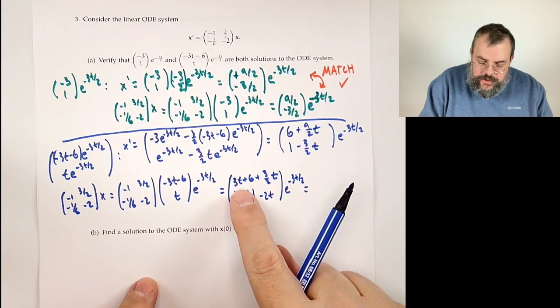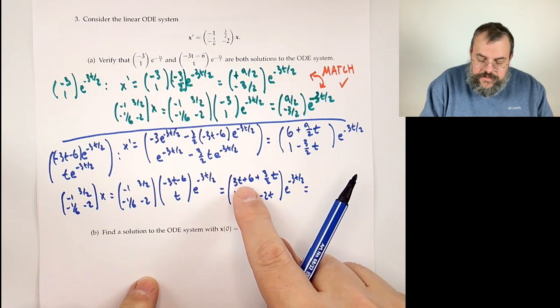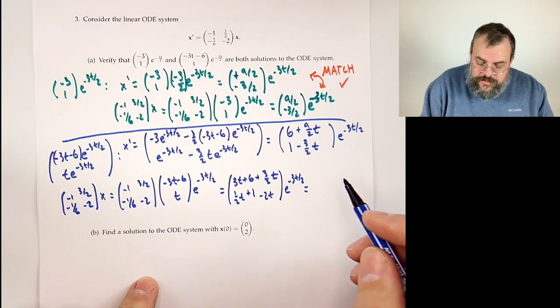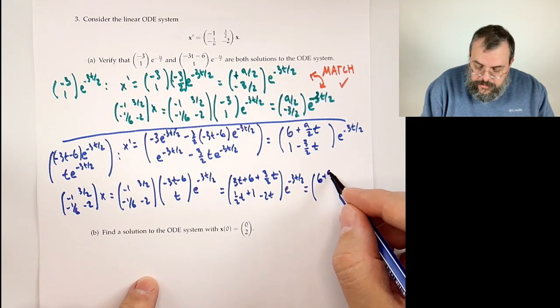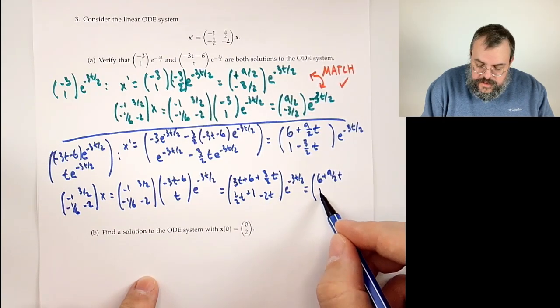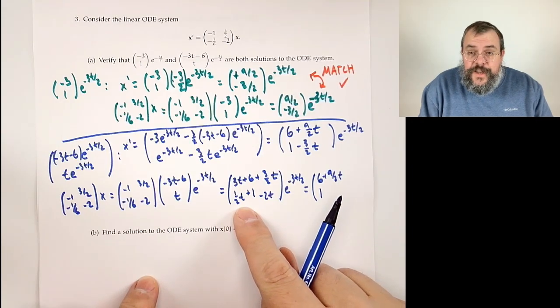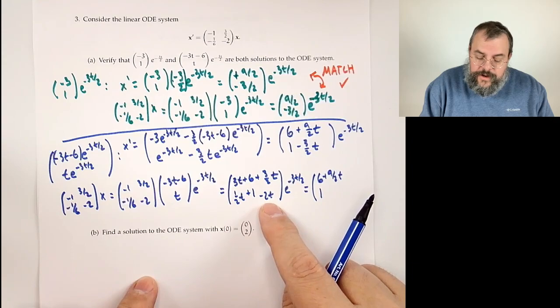And now, well, 3t plus 3/2 t, that's really 6/2 t plus 3/2 t, which makes 9/2 t. And then there's a 6, so we have 6 plus 9/2 t. Downstairs there's a 1. We have a 1/2 t, and subtract 2t. So that's subtracting 4/2 t.